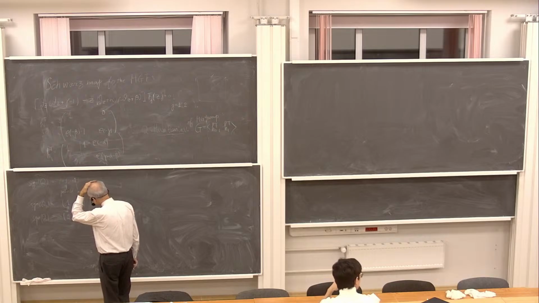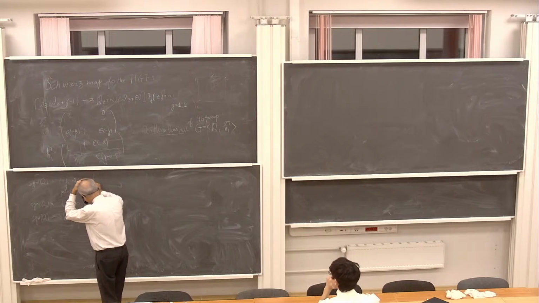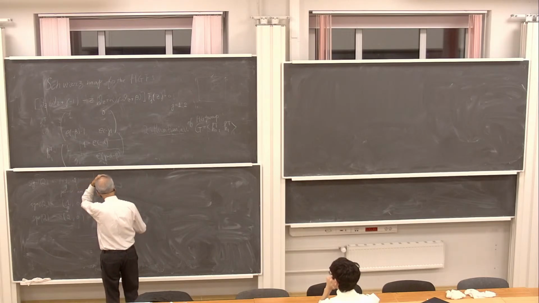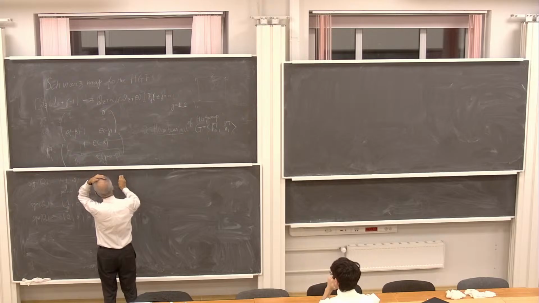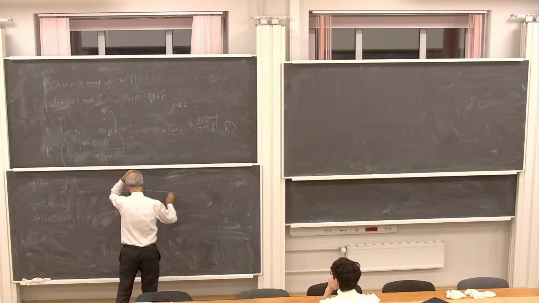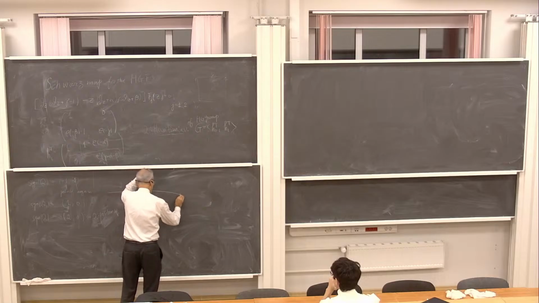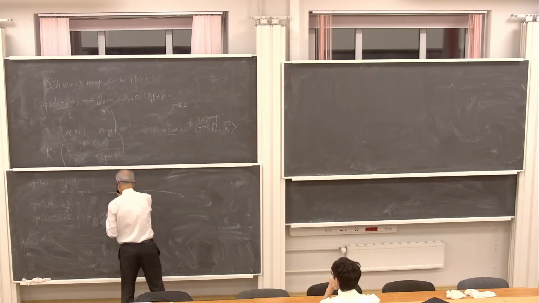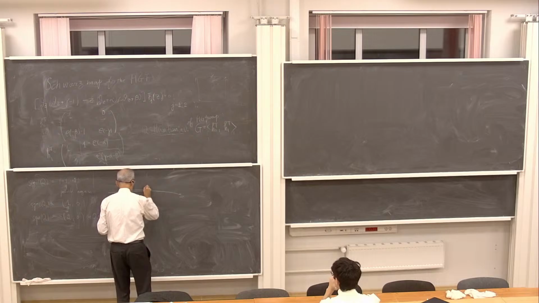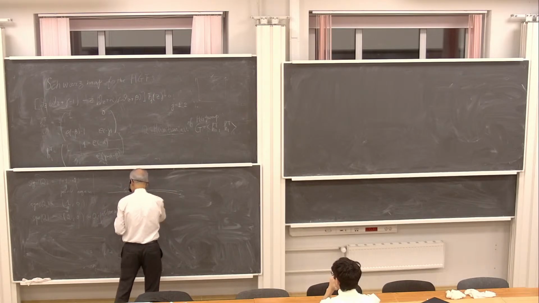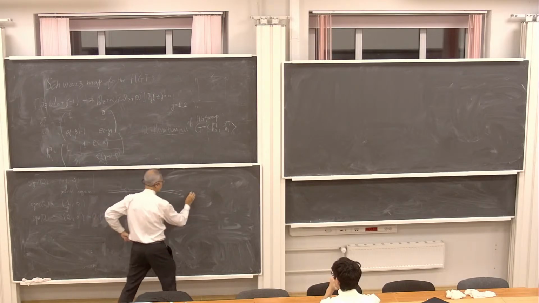So there are three cases, and these three cases can be described in terms of these. So we had 0, 1, infinity, 3 points on the upper half plane.